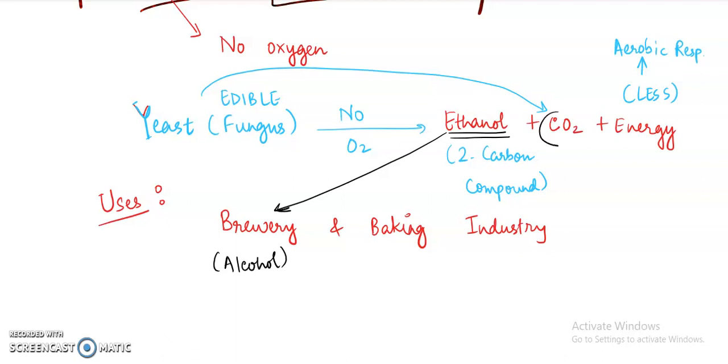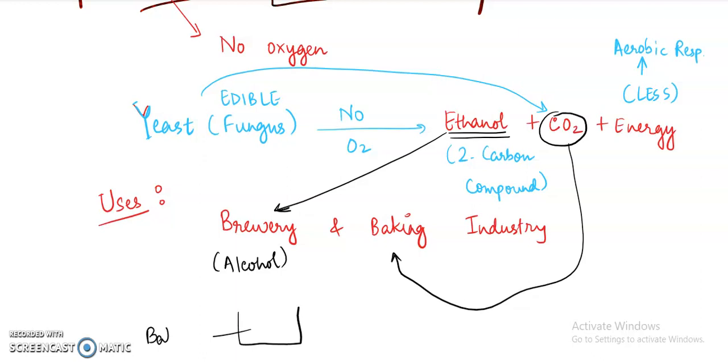Along with this, you can see that CO2 has come out, right? Because of this process, it is basically being used for cake preparation. It makes the cake fluffy. How? Suppose you have prepared the batter of a cake and you have added yeast to it and you keep it for a while.